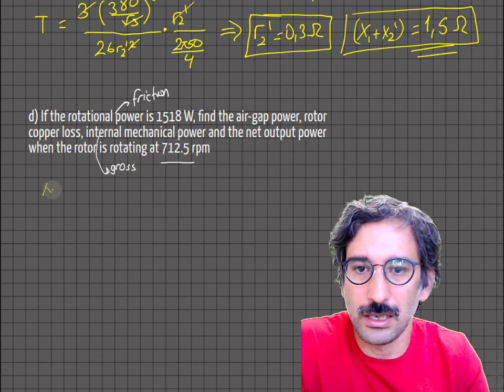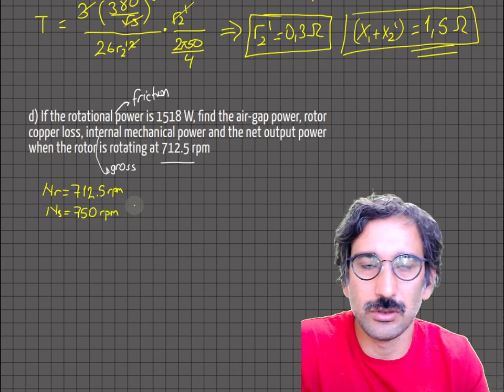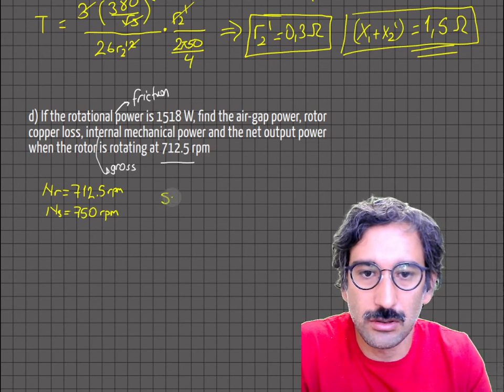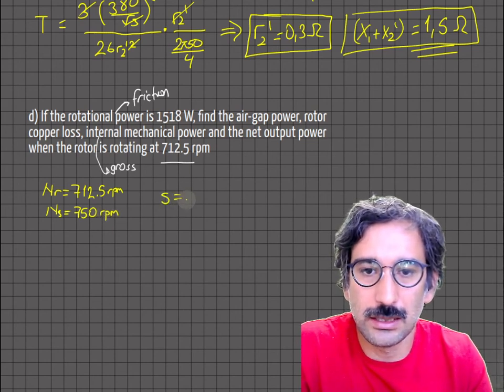So I know nr is that, and I know the synchronous speed is 750 rpm, so that one is still connected to 50 hertz. So I need to calculate the slip.